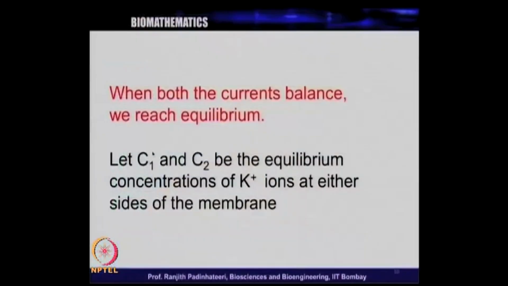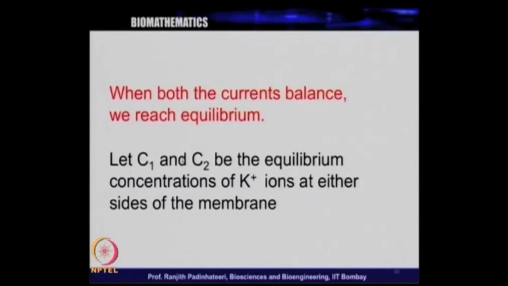On one side of the partition the concentration is C1, and on the other side we have C2 at equilibrium. This is not the initial concentration; initially we had some concentration, which I will call C1 0 and C2 0. C1 and C2 are the concentrations at equilibrium.